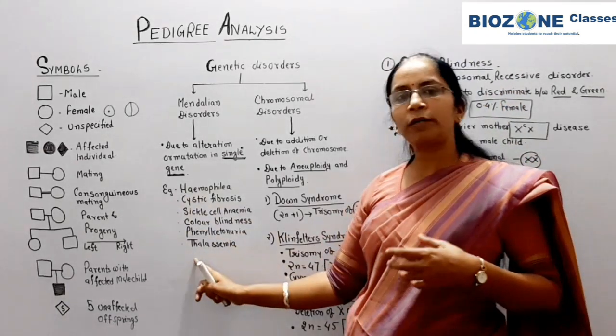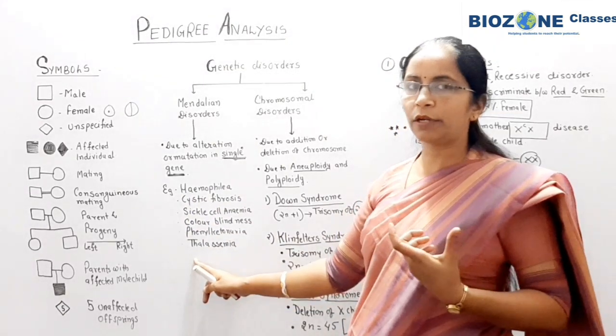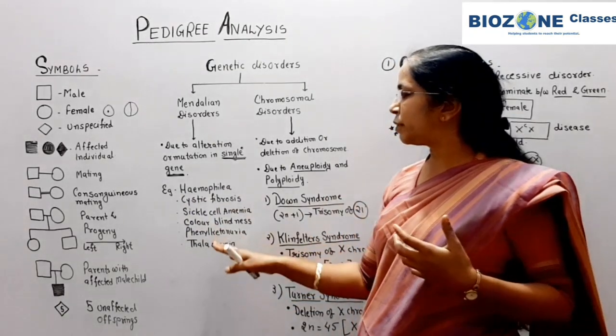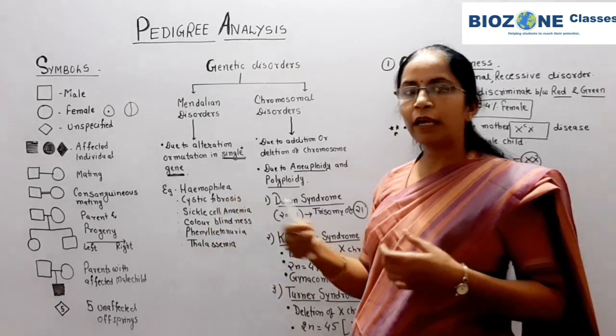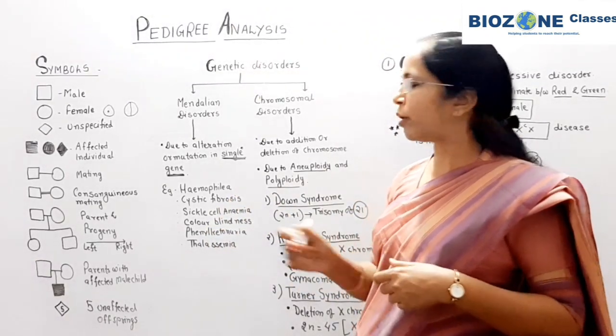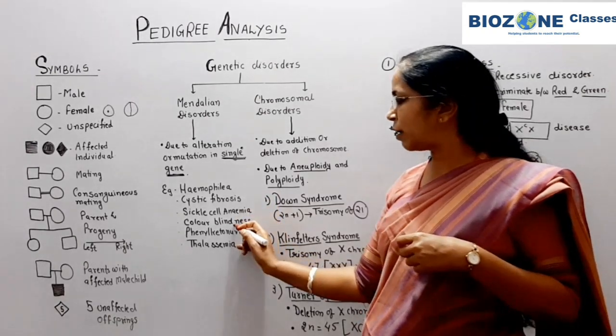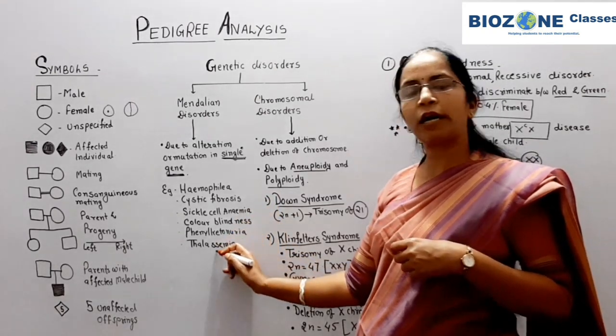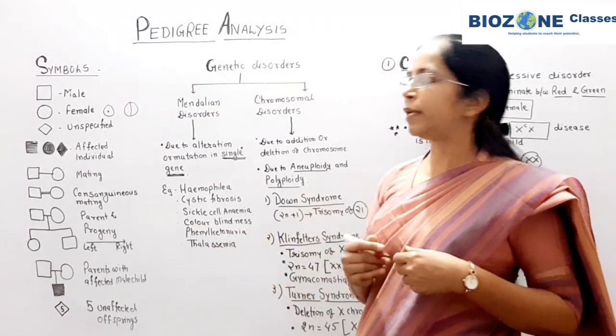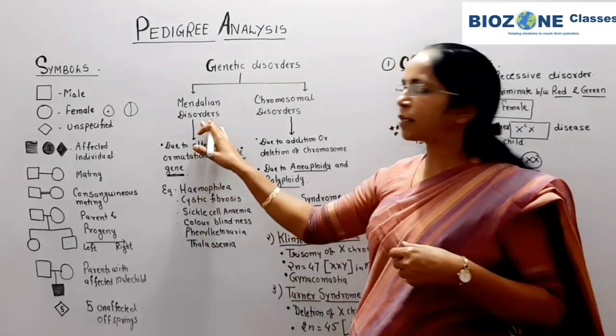So this list of Mendelian disorders is here. Go through these examples: hemophilia, commonly called bleeder's disease or royal disease, cystic fibrosis, sickle cell anemia, color blindness, phenylketonuria, thalassemia. These are some of the examples mainly associated.